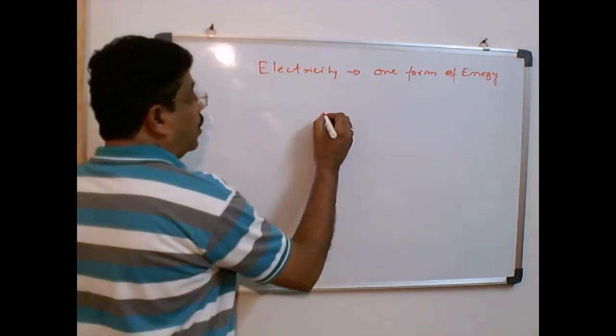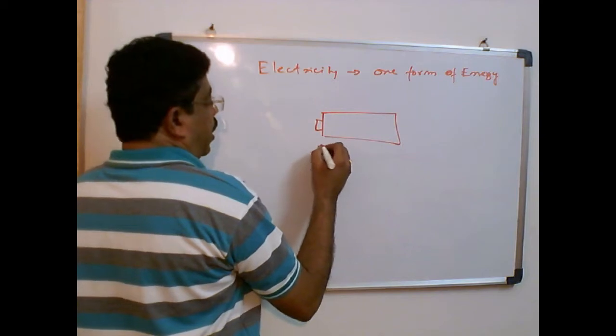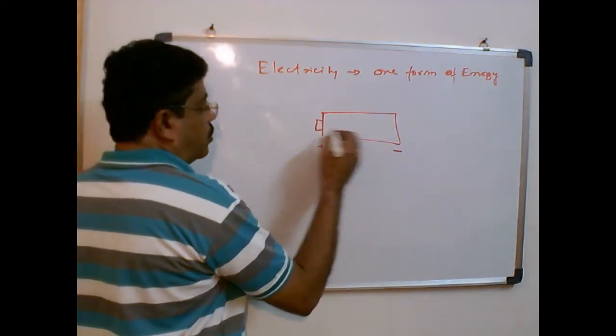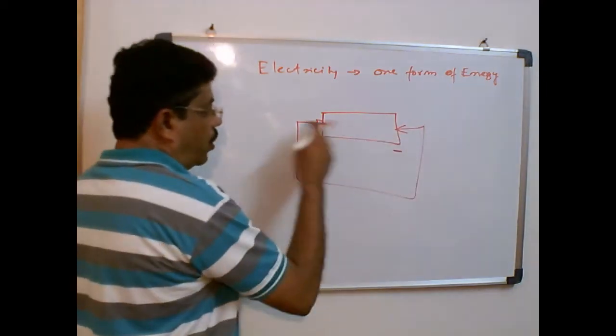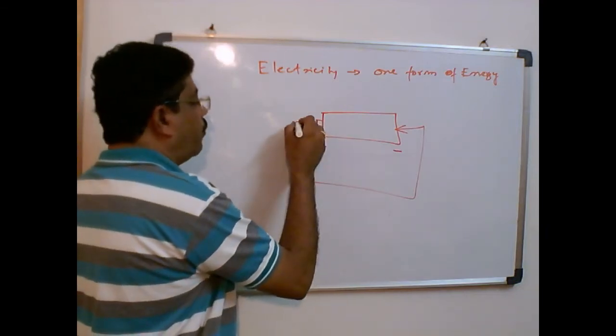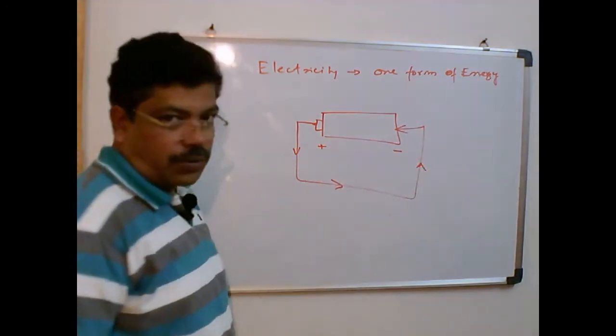For example, there is a battery. There is a positive and there is a negative. When the electricity has to flow from this portion to this place, the circuit should be complete. Then only the electricity will flow from the positive to the negative side.